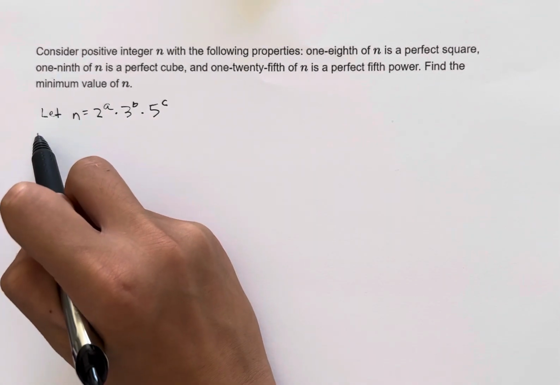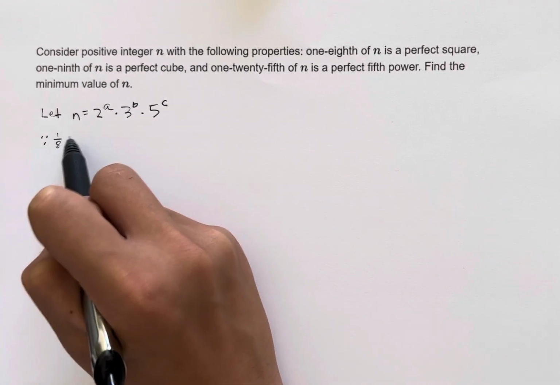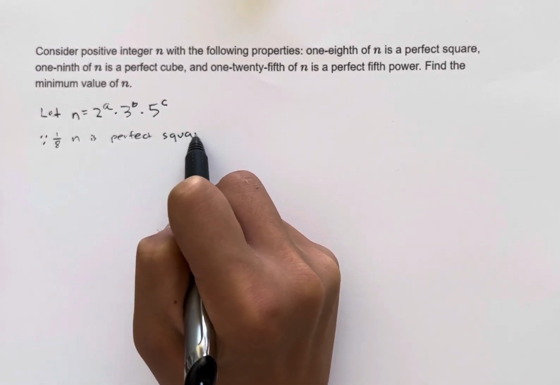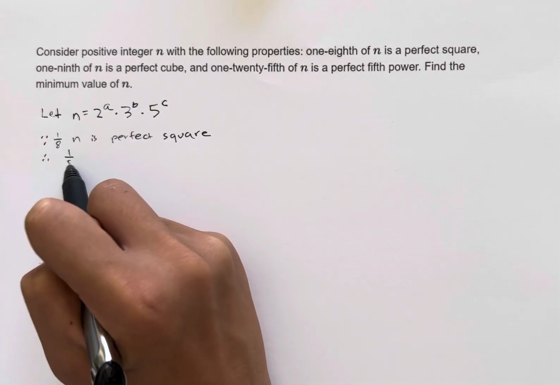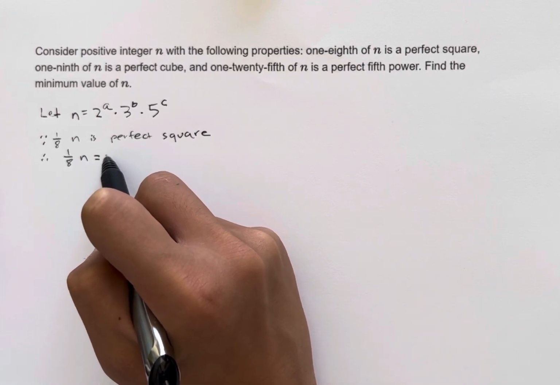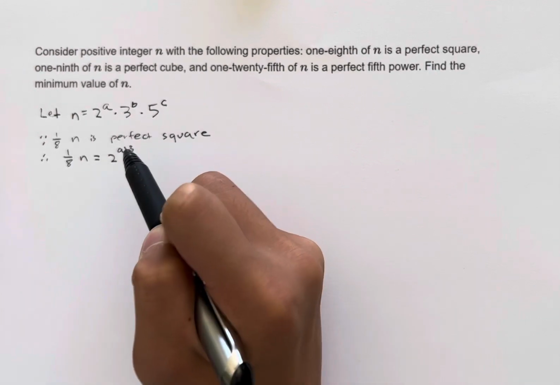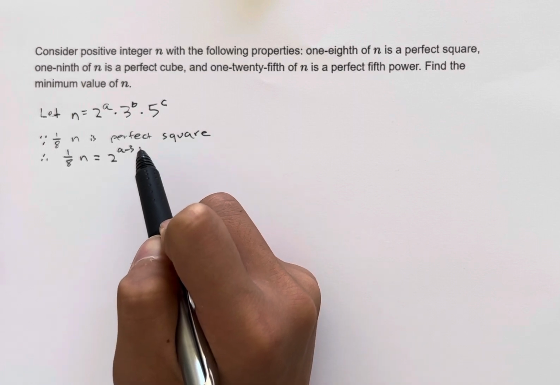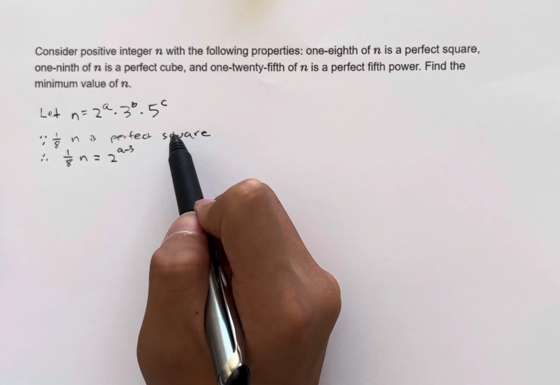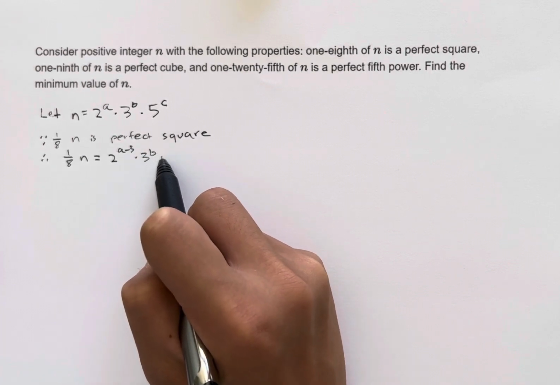And now, let's use the given conditions. Since 1/8 n is a perfect square, 1/8 n equals 2 to the power of a minus 3, since 1/8 is 2 to the power of negative 3, so 1/8 times 2 to the power of a will be 2 to the power of a minus 3, and then times 3 to the b times 5 to the c.